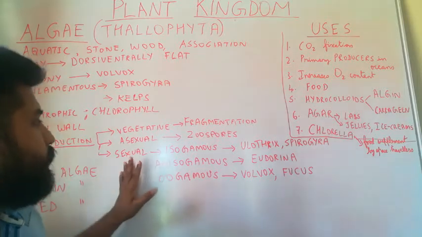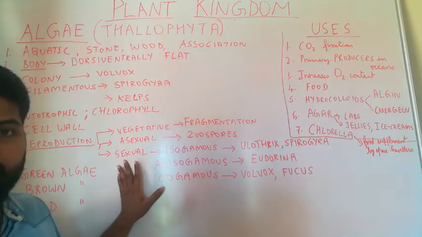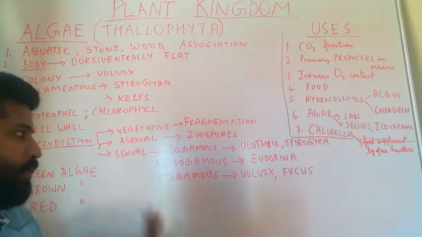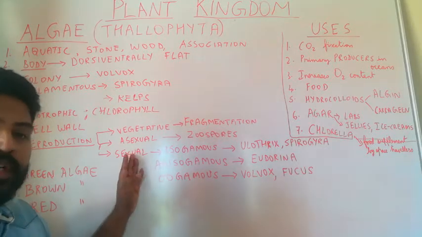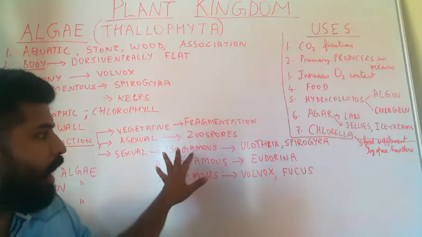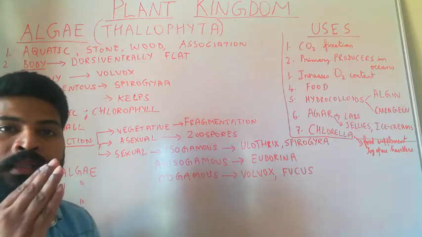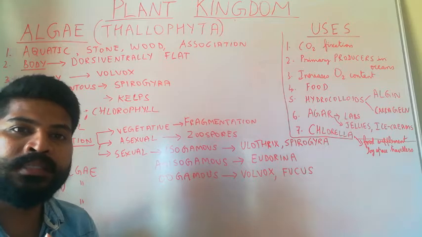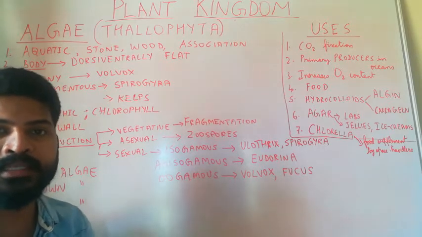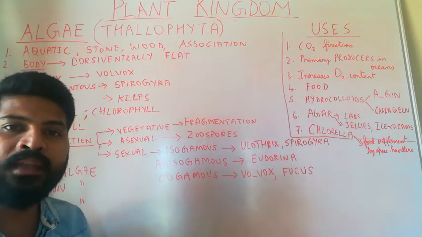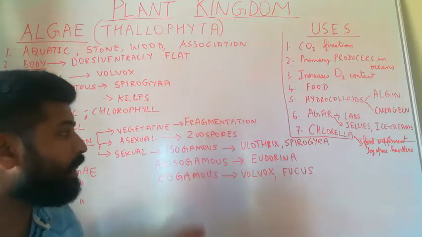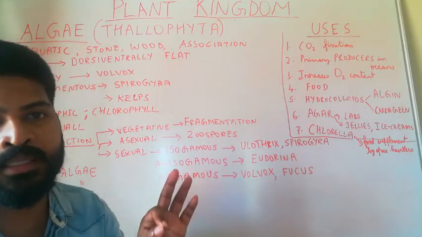Sexual reproduction in Thallophyta is of three types. In the first type of sexual reproduction, called the isogamous type, the gametes are similar, that is, the male gamete and the female gamete are similar in size.